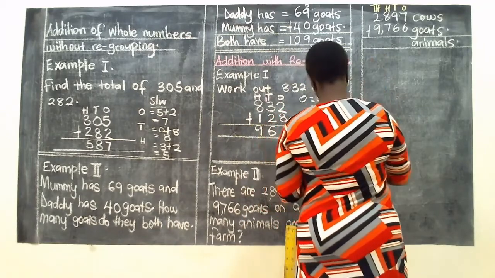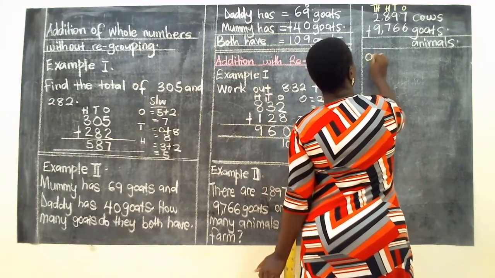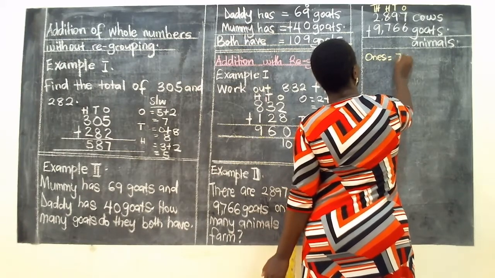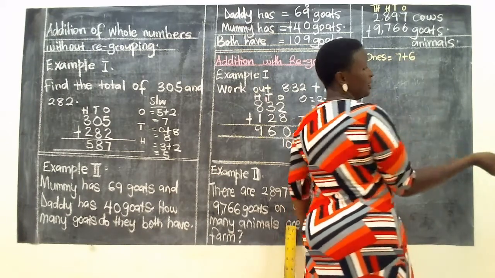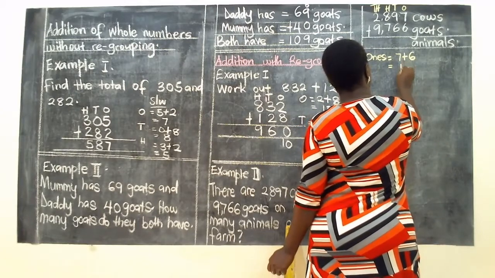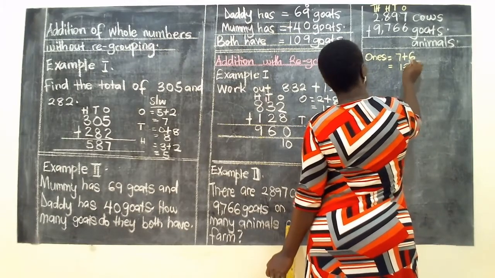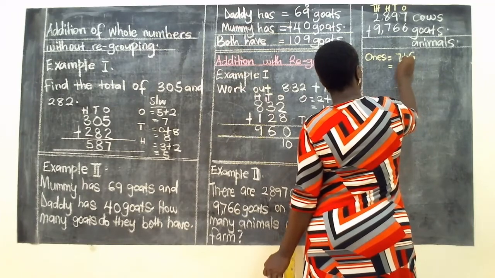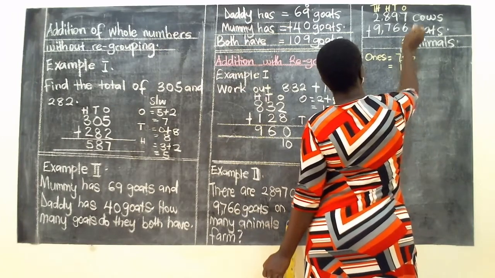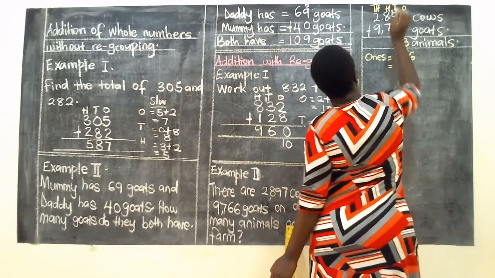In the ones we have 7 plus 6, and 7 plus 6 is 13. Now 13, this is in the ones and this is in the tens. So if we write 13 here, we shall write 3 and carry 1.